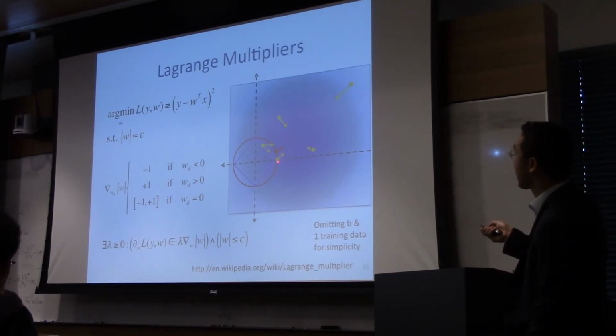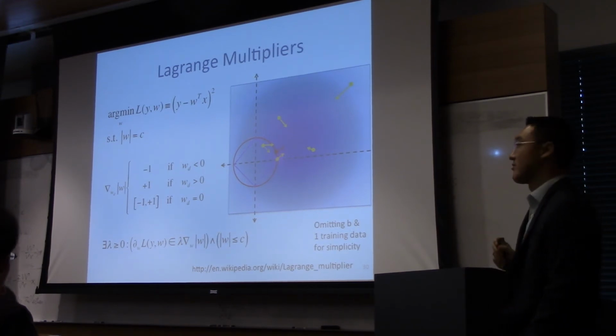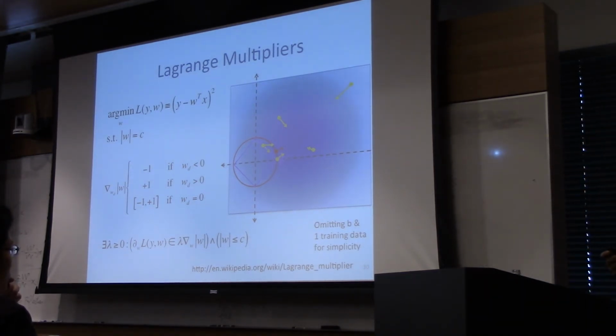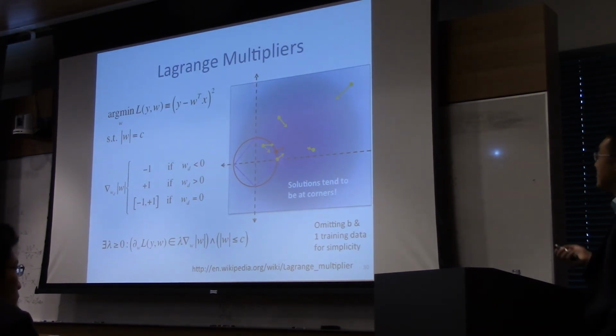And if you're at a corner, any possible subgradient norm that can align with this is the sufficient condition for optimality. So what does that mean? That means that the solutions to this optimization problem tend to be at the corners. You just follow this gradient, move this way, follow this way, and once you get to a corner, suddenly the gradient is aligned with the norm, and you're done.